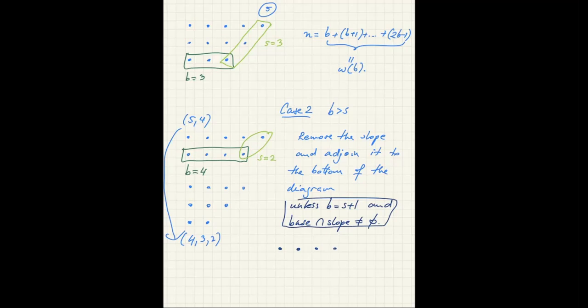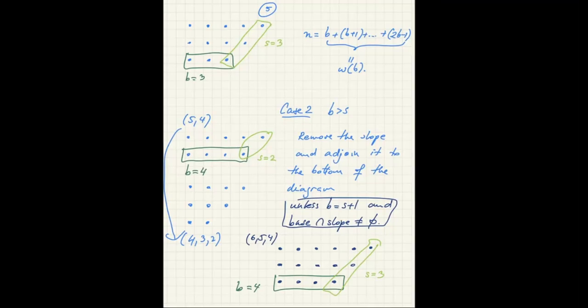So let me give you an example here. You can have something like this. So in this case, you have the partition 6, 5, 4. And if you look at the bottom, you have the base has size 4, and the slope has size 3, and it's exactly the situation here, the base and the slope.